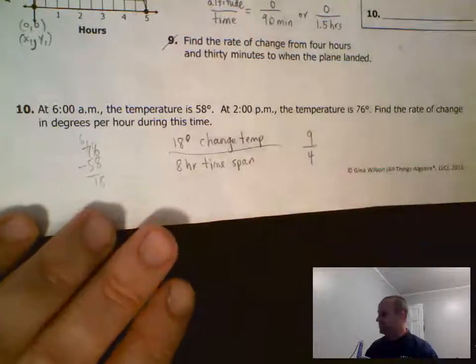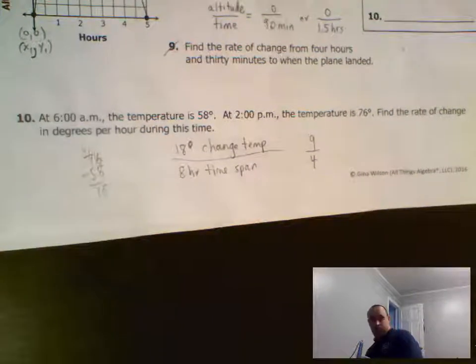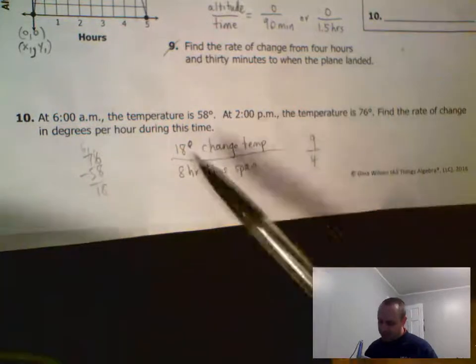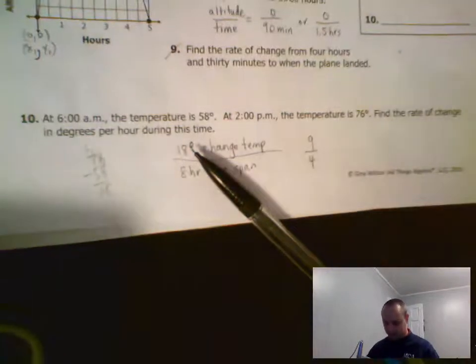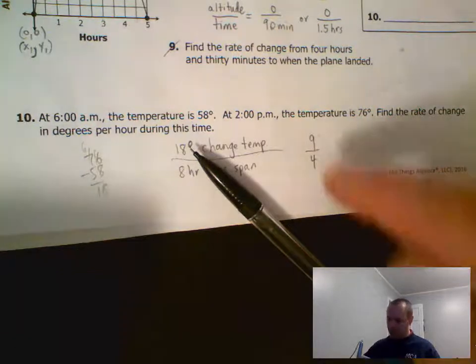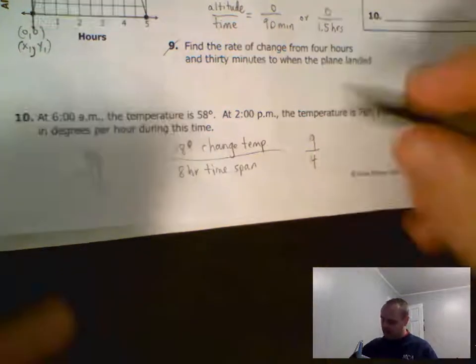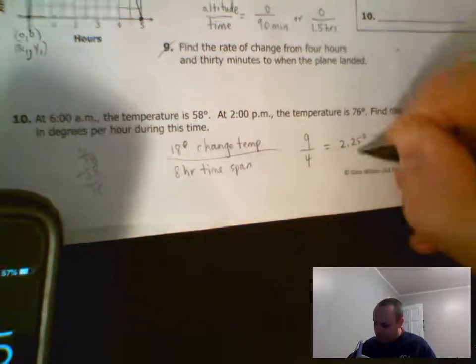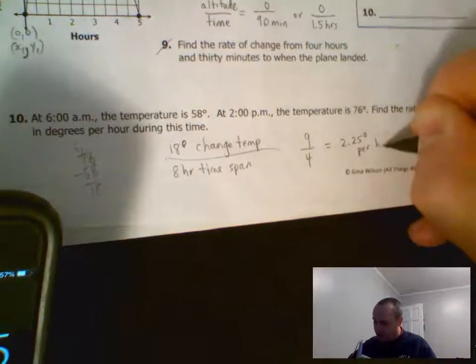So if we took 18, I don't even have my calculator. Yes, I do. So I'm just going to take that 18. That's a degree sign right there, so don't get confused by that. So I'm going to type in 18 divided by 8, or I could have typed in 9 divided by 4. And either way, you're going to get 2.25 degrees per hour.